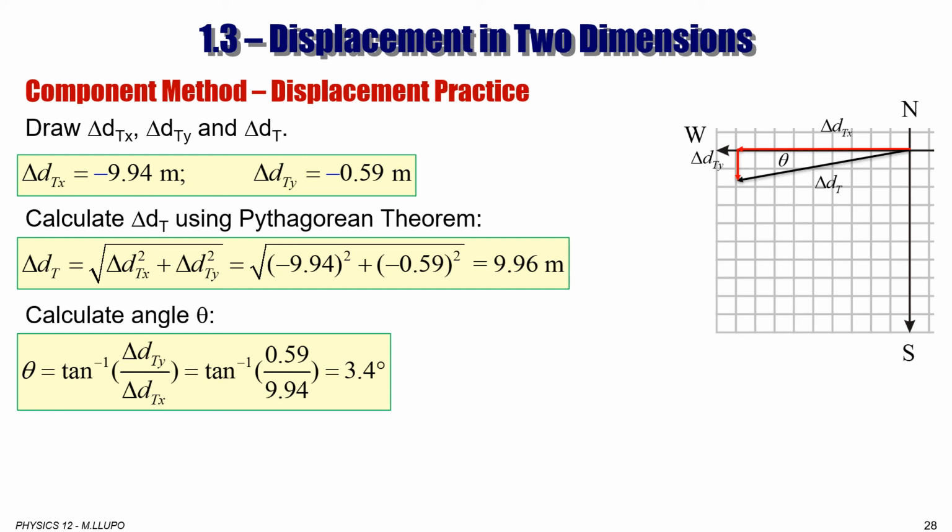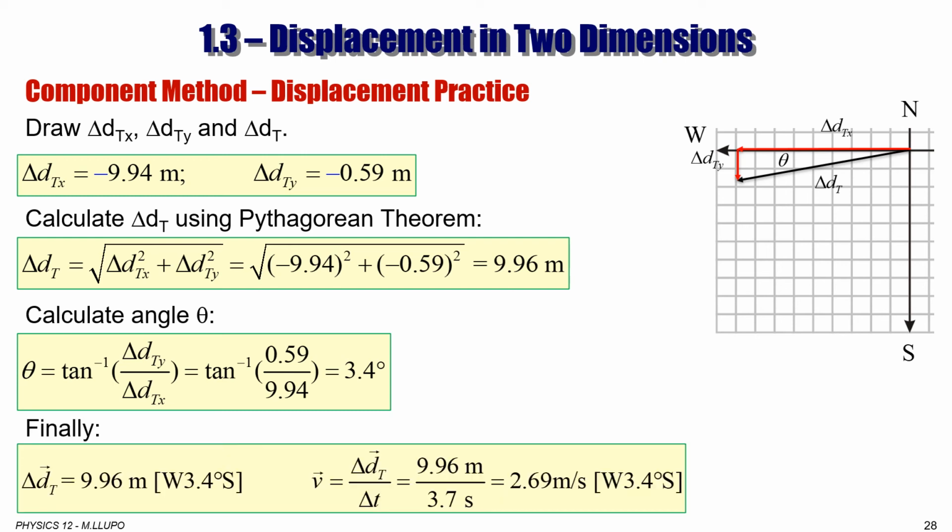So after getting those two, you can write an answer for delta d total. Please write the total with a magnitude and a direction. Now, how can we figure out the direction? The same way: west is negative for the x-axis, and south is negative for the y-axis.